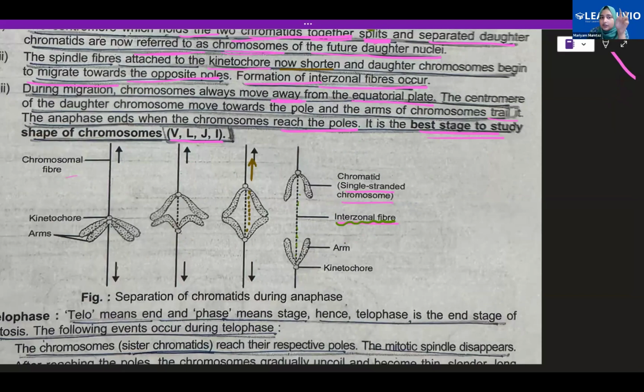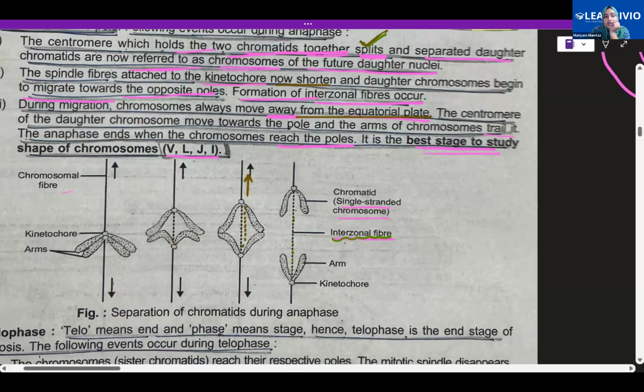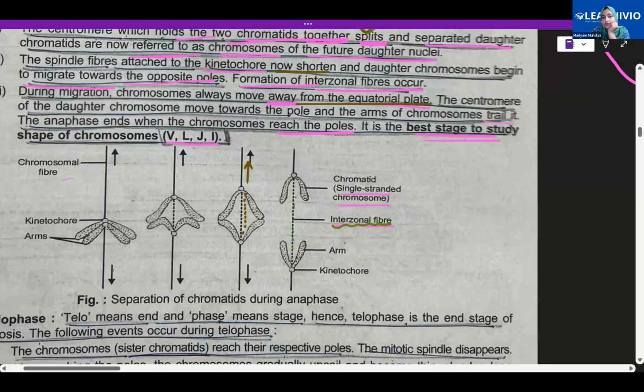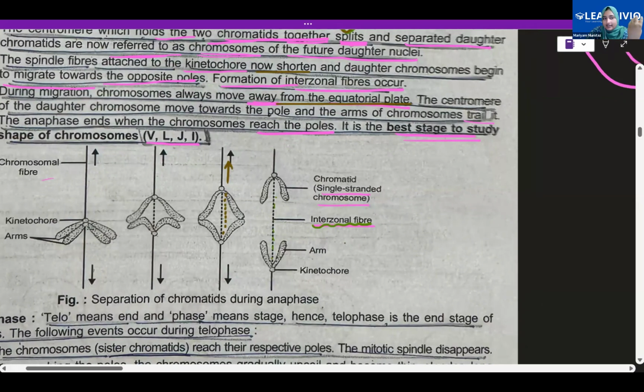During the migration, the chromosome always moves away from the equatorial plate. During the metaphase, the chromosomes were coming to the equatorial plate, but now they're moving away from it, towards the pole. The centromere of the daughter chromosome moves towards the pole, and the arms of the chromosome trail.